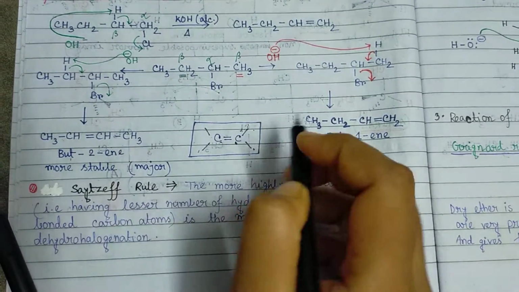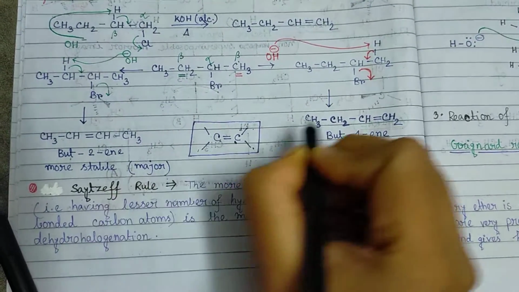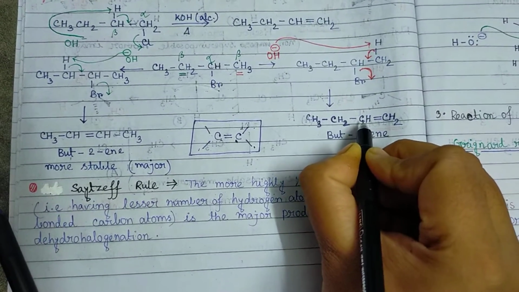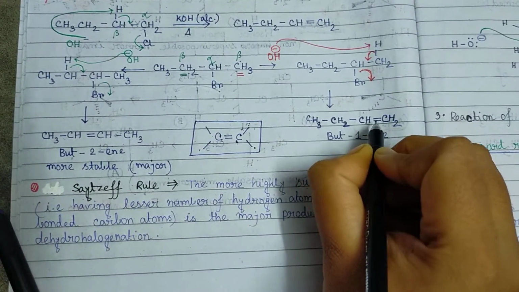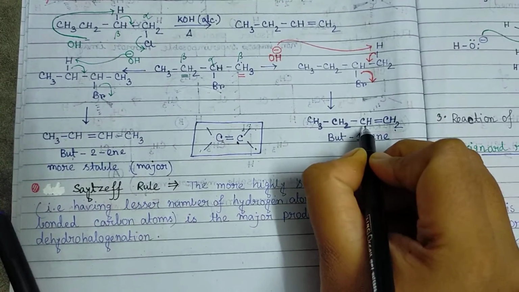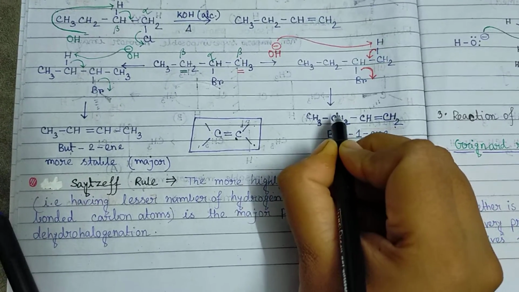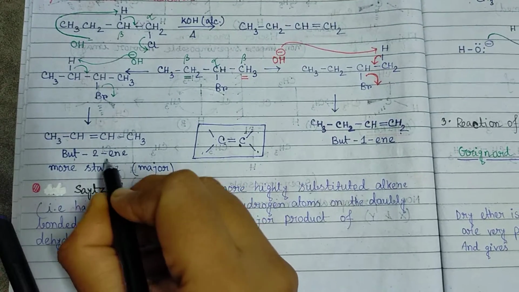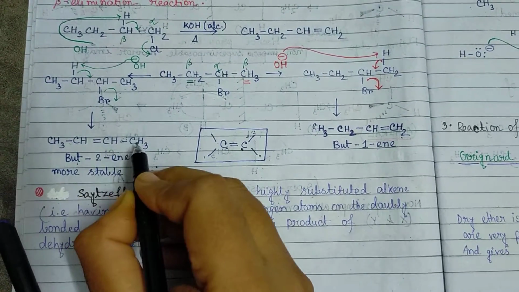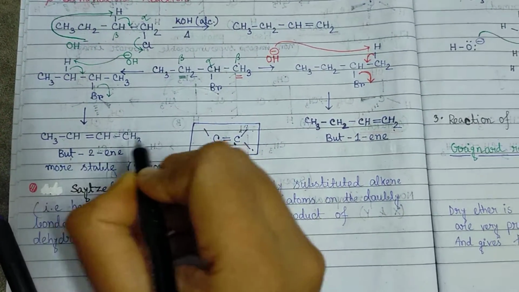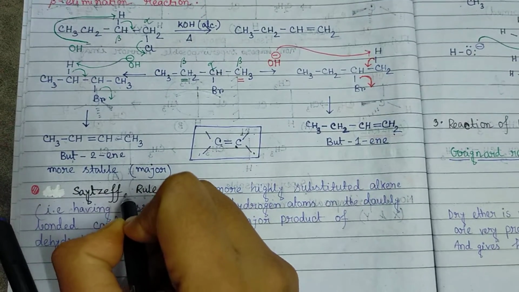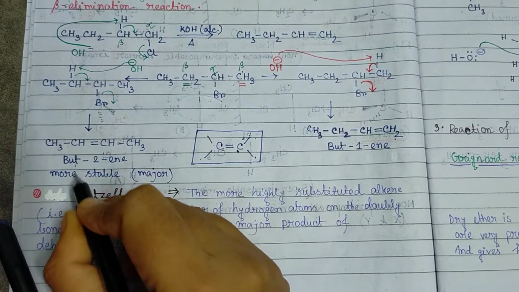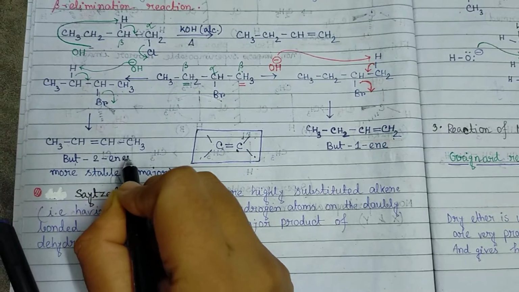So between these two, but-1-ene and but-2-ene, we can see that in this case the carbon-carbon double bond is having 3 hydrogens and 1 ethyl group. But but-2-ene is having 2 hydrogens and 2 methyl groups. So more substitution is in this case, means but-2-ene.